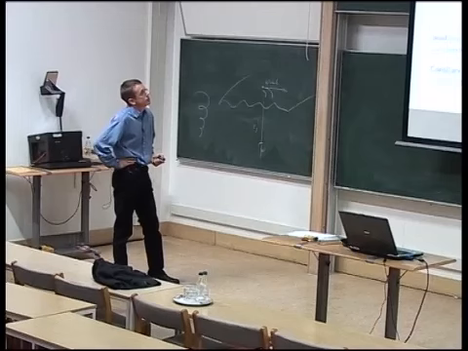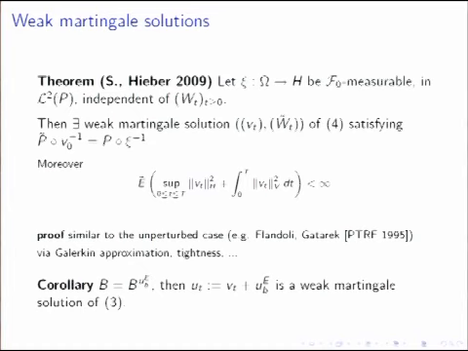I've written the Brownian motion with a tilde here, and this is actually a different probability space, to make it clear that this is a weak solution.